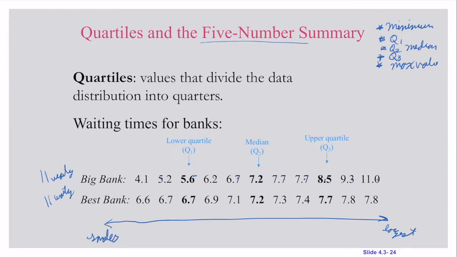We then found our median value, which happened to be 72.2 for both of them. And then in order to find Q1 and Q3, we took the median of the lower half. Since we had 5 data values left, we took the middle one. And we took the median of the upper half. Since we had 5 data values on each side, we took the middle one.